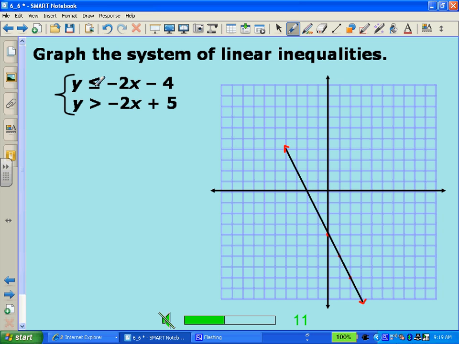Now, the next one has to start at 5. It also has a slope of -2. And remember from back in chapter 5, we know that parallel lines have the same slope, so we know that these two lines are going to be parallel. This one has to be dashed.